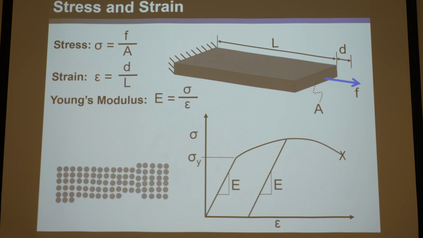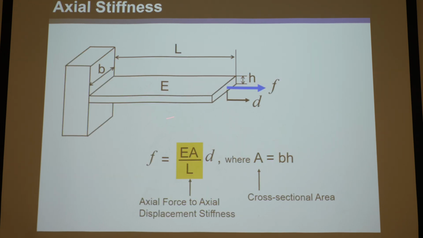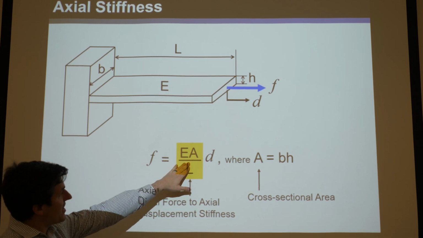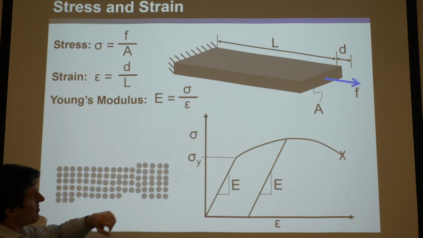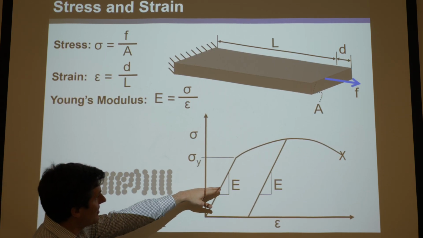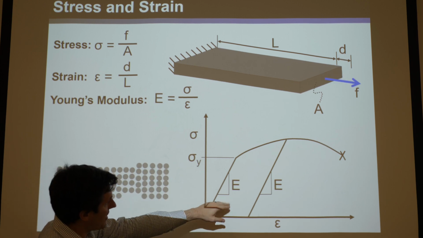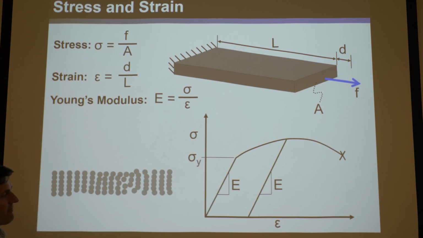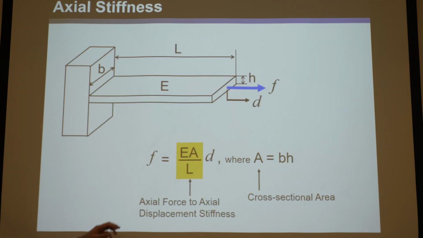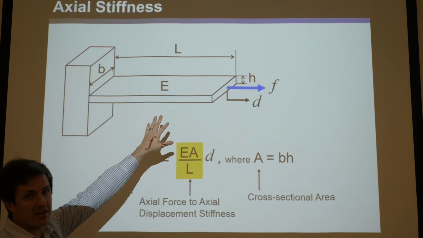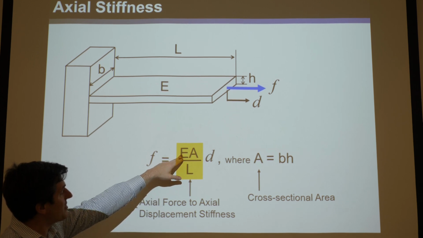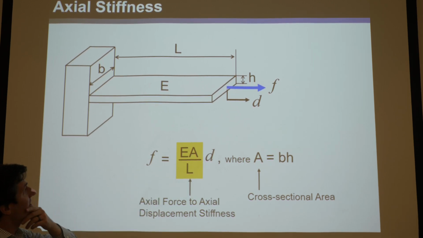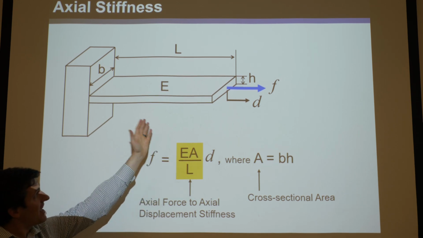Okay, so now let's look at these principles in another way. So we just showed you if you have a rectangular prism and you pull on it along its axis with a force and it displaces a distance d, you can prove that the stiffness, not just the modulus, remember the modulus is basically the ratio of the stress divided by the strain, it's the slope, and from that you can very easily derive that the stiffness of a rectangular prism is the modulus of the material multiplied by the cross-sectional area b times h divided by the length.